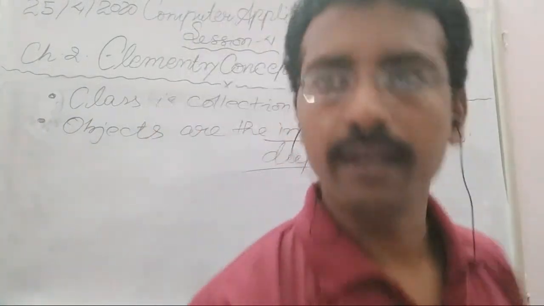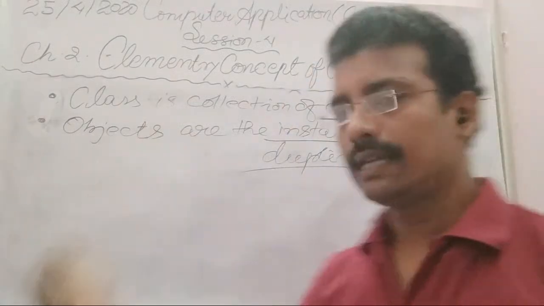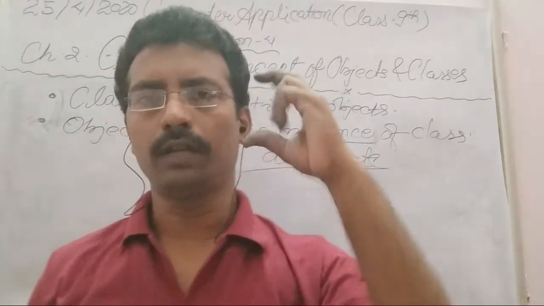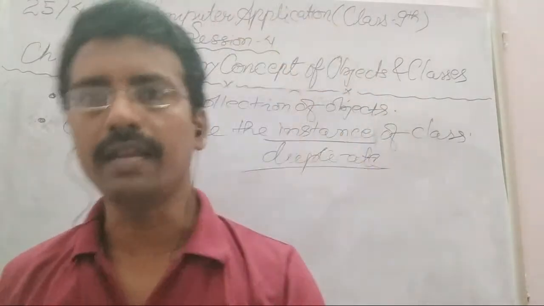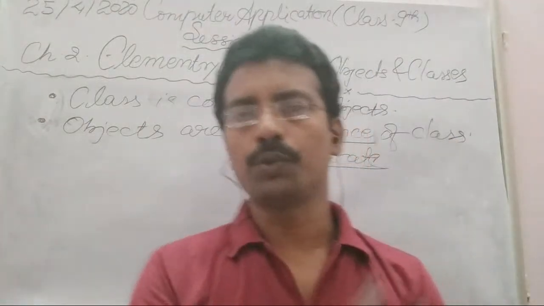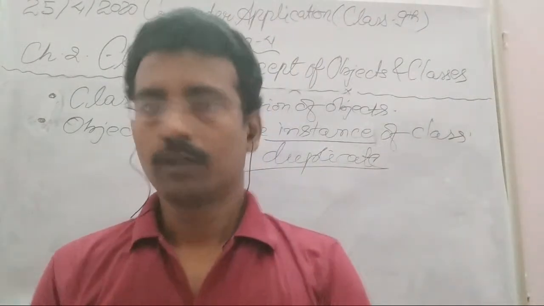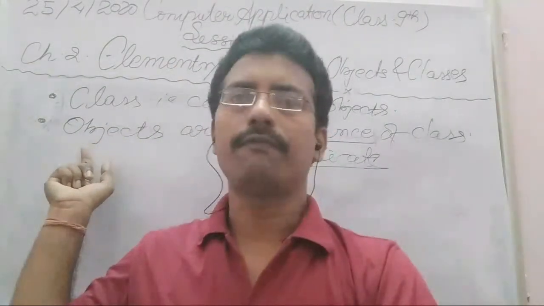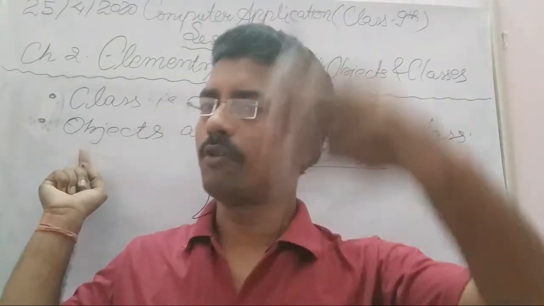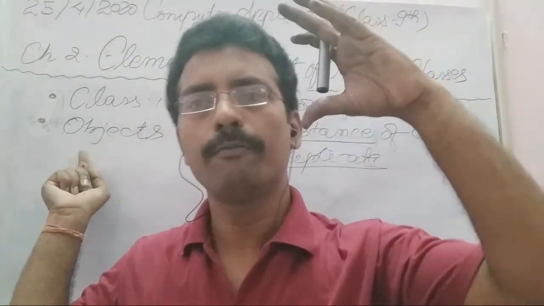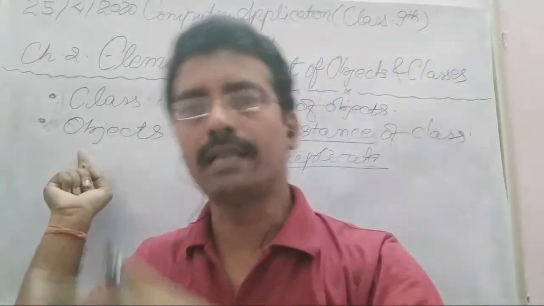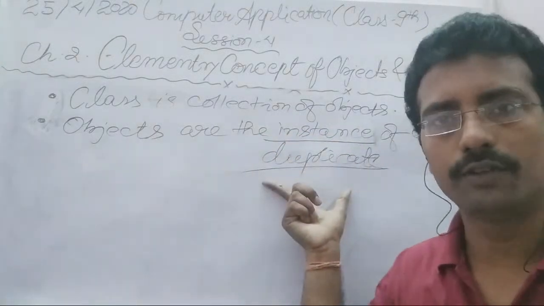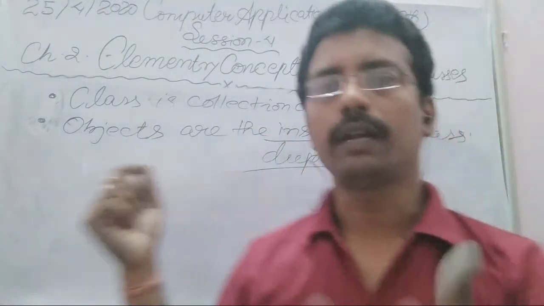The same way, once the class is created, whatever properties the class contains, the same properties go to its object. The object contains all the properties defined inside the class, in the form of data members, variables, and methods. That's why objects are called an instance, a duplicate, a photocopy of the class.